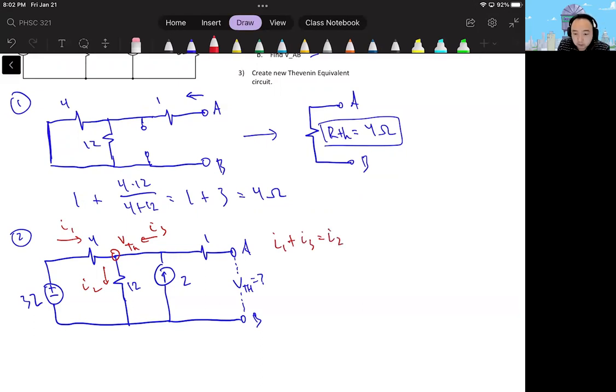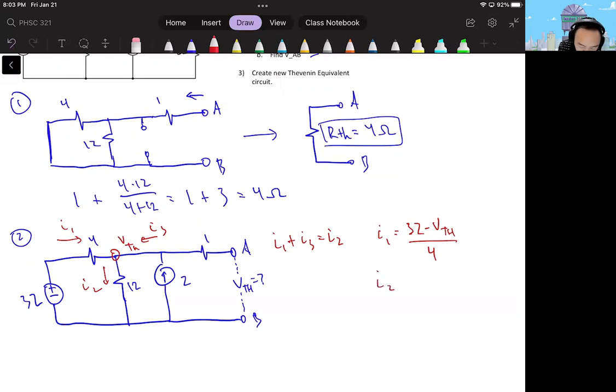Once I have my node equation, I'm going to identify what each current means. I1 is equal to 32 volts minus the unknown, VTH, all over 4 ohms. This is happening on this side of the circuit.